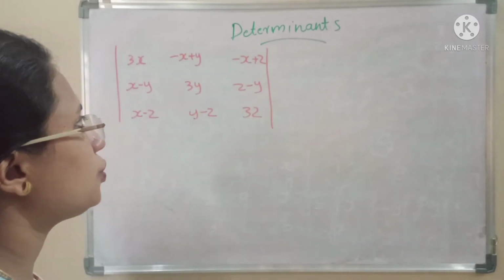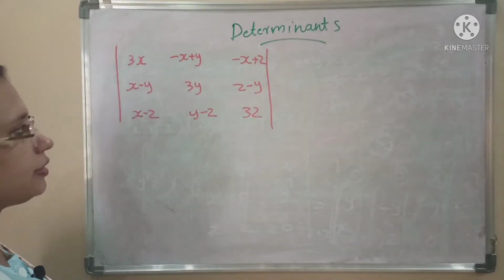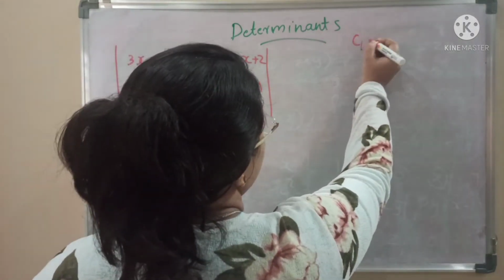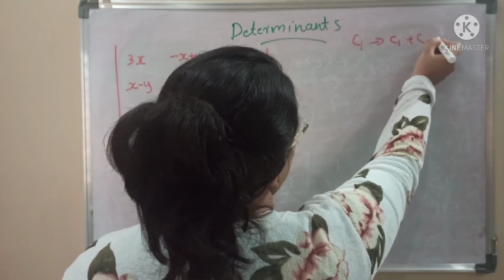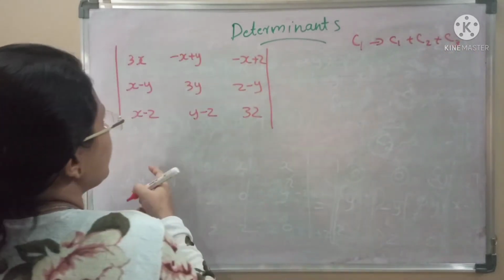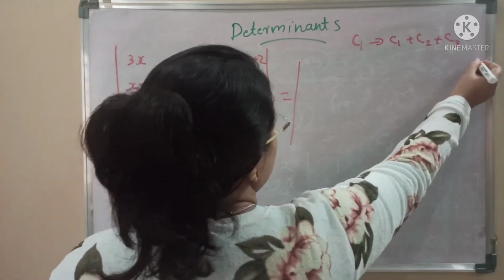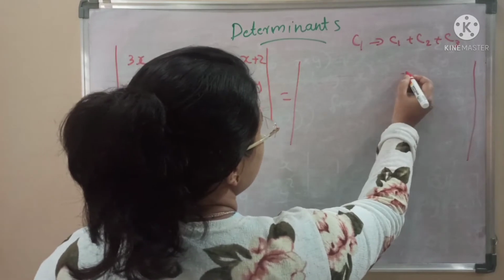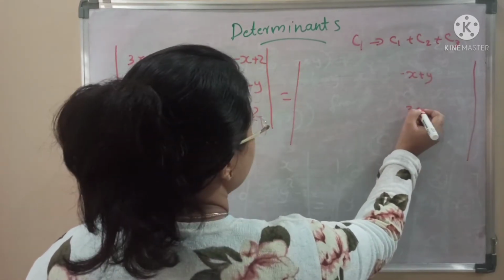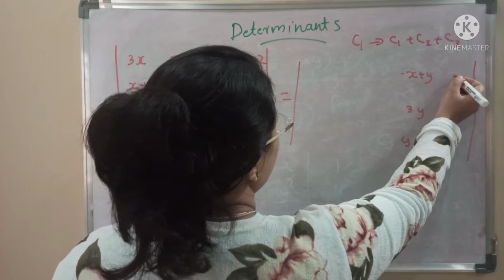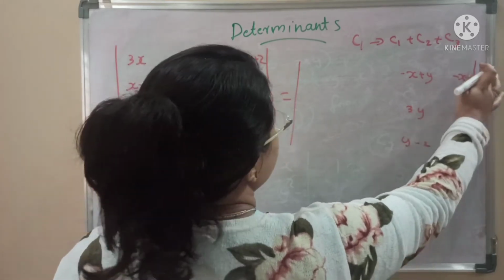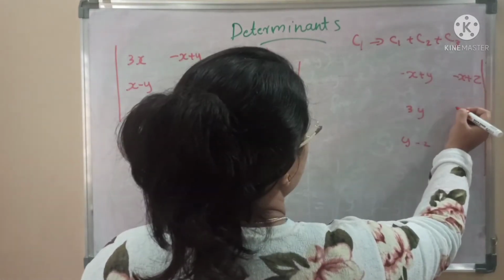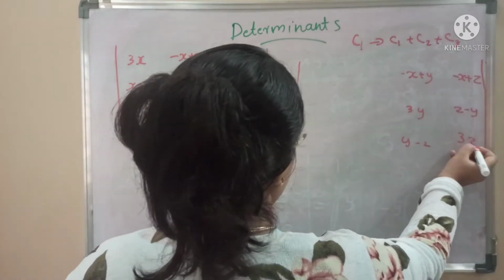Next problem. So here again we need to solve this determinant. Okay, so suppose I am doing an operation C1 as C1 plus C2 plus C3. Okay, can we do that? So let's see what will happen. So C1 only will change, other two columns will be the same. Okay, y minus 2 minus x plus z, z minus y 3z.